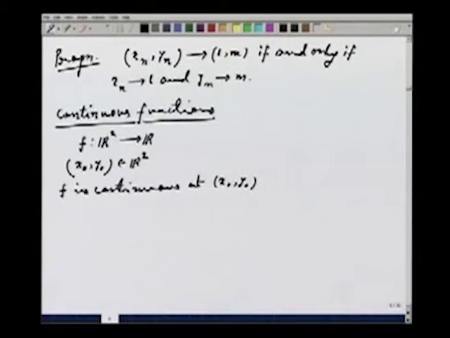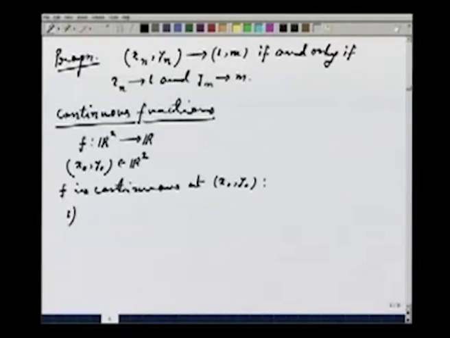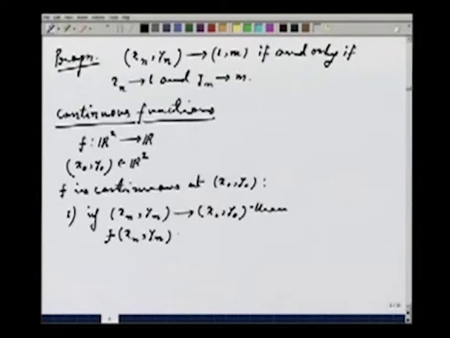Well, analogous to the one-dimensional case, one way of defining this is, it means if a sequence (xn, yn) converges to (x0, y0), then the sequence of real numbers f of (xn, yn) converges to the real number f of (x0, y0).